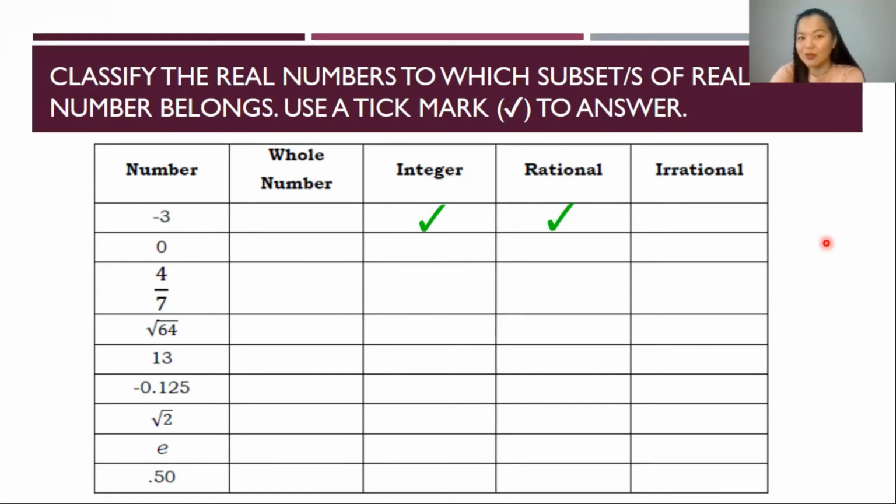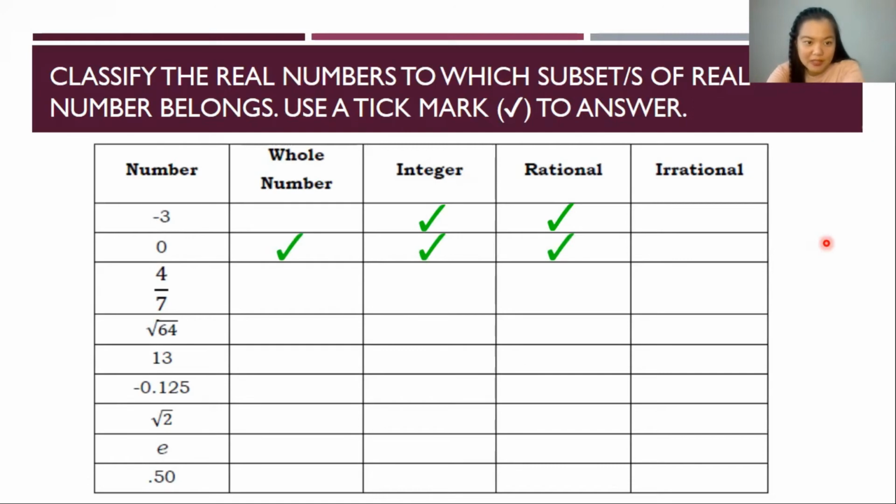Diba ang sabi natin, yung whole number, we start with 0. So, 0 is a whole number. It can also be an integer and a rational number. Basta pataas na. Tignan yung flowchart. Pag nandun na pataas, yun yung classification niya. Except for irrational, kung wala silang connection.